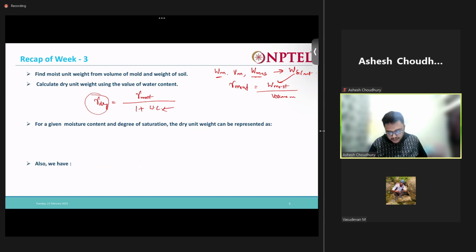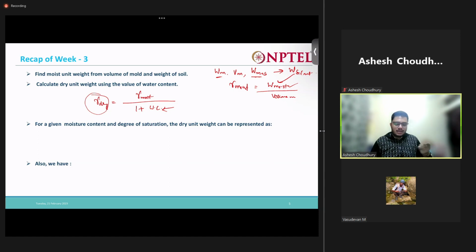So in the mold, what we do is we fill the soil in three layers, right? Fill the soil, take the weight, find out the weight of the moist soil. Now we take a little amount of soil from there and find out the water content.